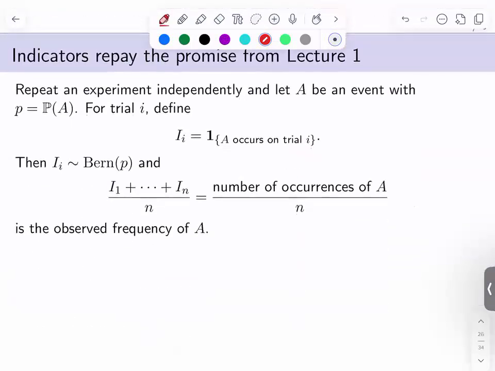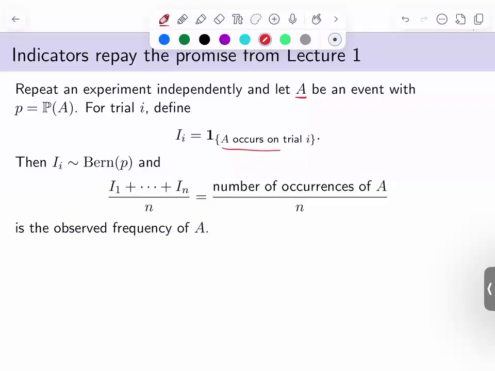Okay, let's do one more thing here. We have 2 minutes. If you do an experiment and let A be an event, you do the experiment many times, and then we look at the indicator that the event A occurs at trial i.